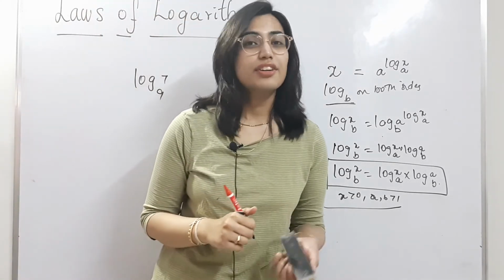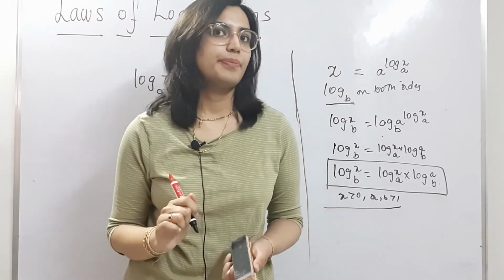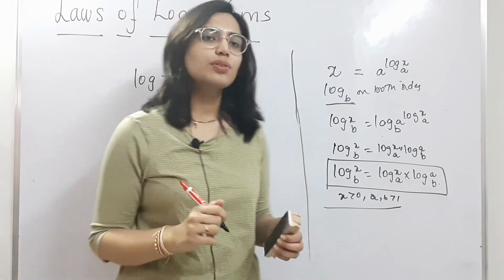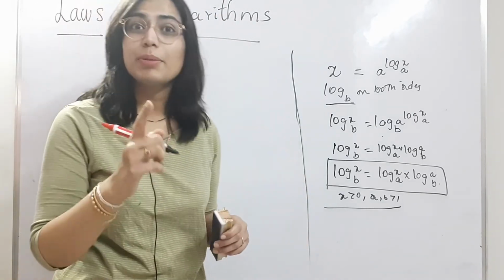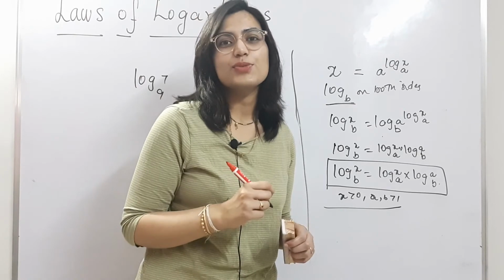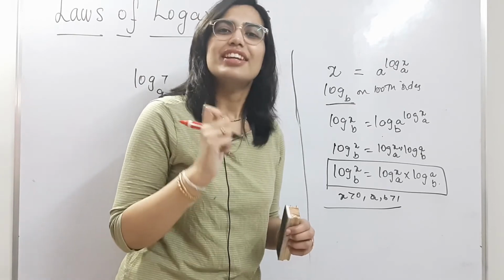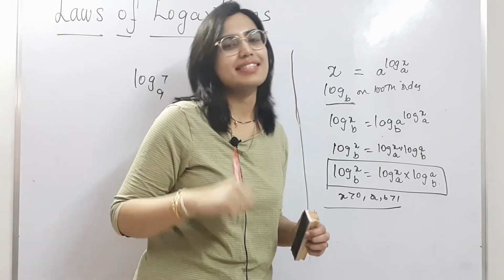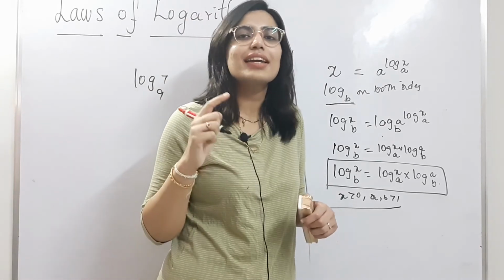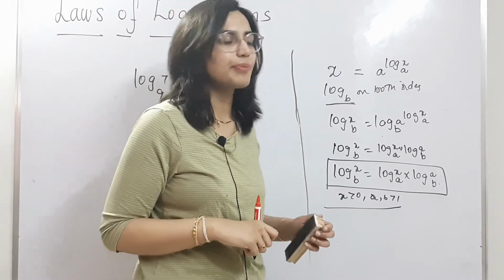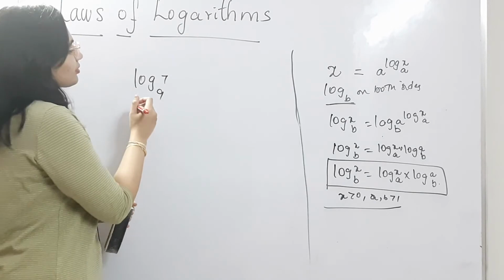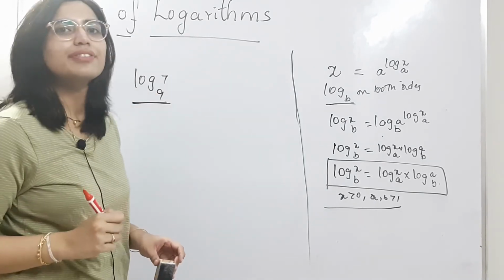You have your calculator handy, but you don't have a log table. Okay, and remember, as I told you in one of my previous videos, the calculator will have log to the base 10, simply because base 10 is the common logarithm, right? So, how do you find this value?